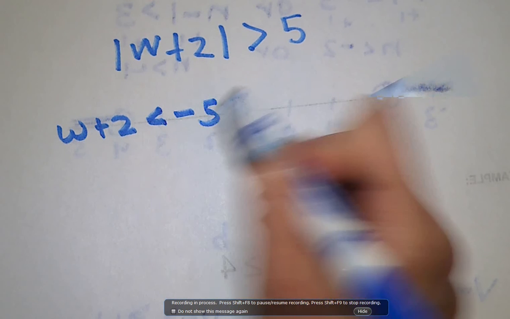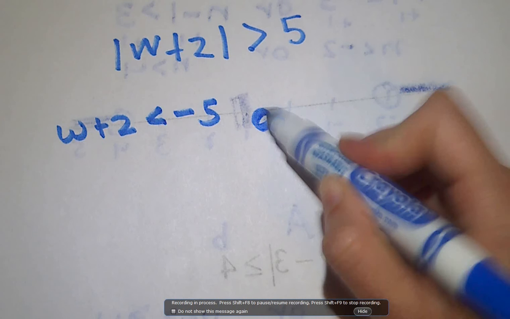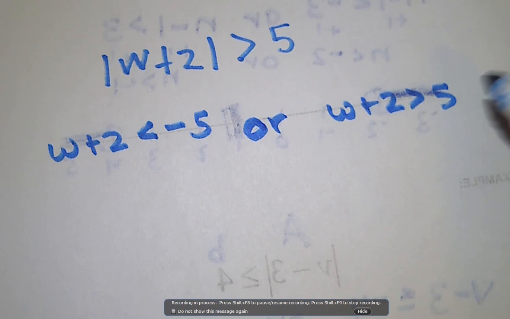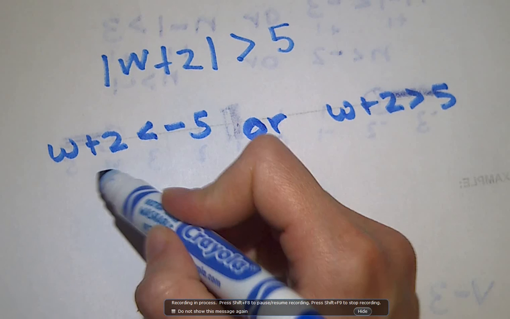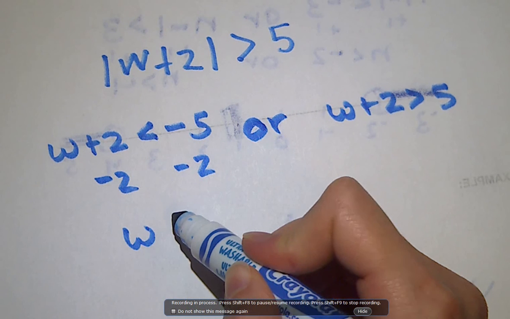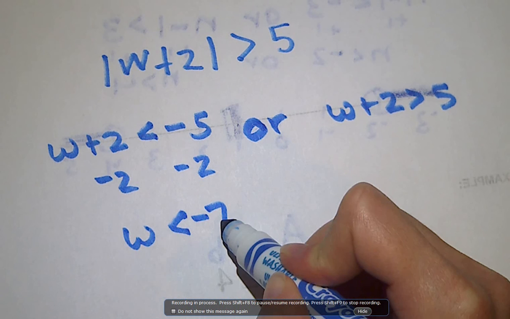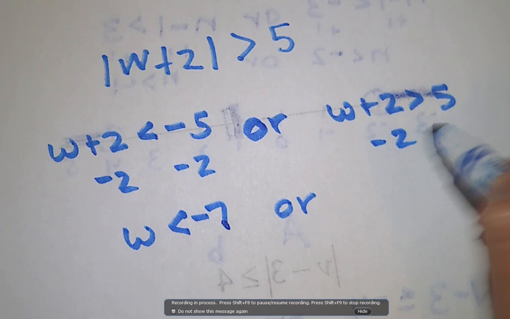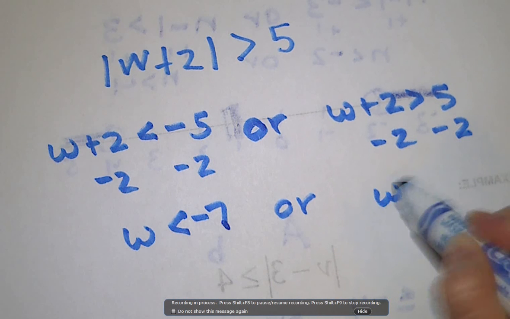That's the first one. Or the second inequality is to keep it exactly the same. Then I'm going to subtract 2, and one solution you should have had was w is less than negative 7. Or here you're going to subtract 2, and you get w is greater than 3.